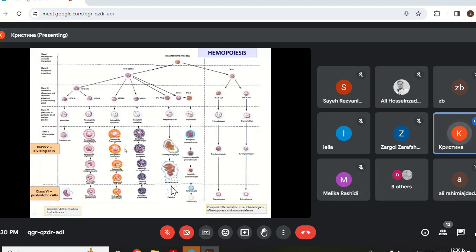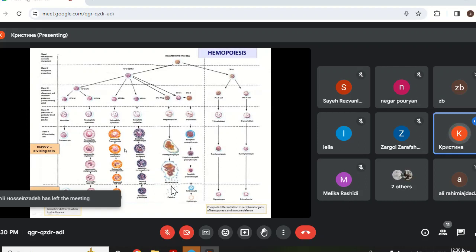Then, on the stage of eosinophilic myelocyte, in addition to non-specific granules, specific granules are born in the cytoplasm of the eosinophil, and the specific granules of eosinophil are eosinophilic. They are red in color. Then, during next stages, the eosinophilic metamyelocyte loses its ability to divide. It cannot divide anymore. Its nucleus becomes smaller and darker.